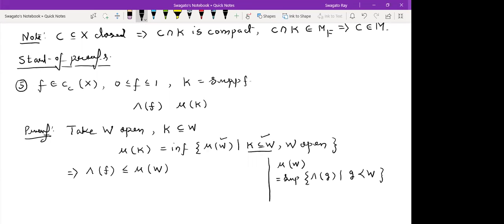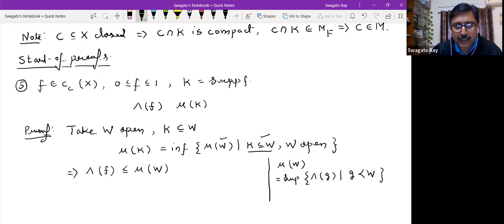Okay. Now, what does it say? It says that if I take any open set W such that K is sitting inside W, then the measure of that set is bigger than or equal to λf. That means λf is a lower bound of all the μW's such that K is sitting inside W. However, μK is the infimum.